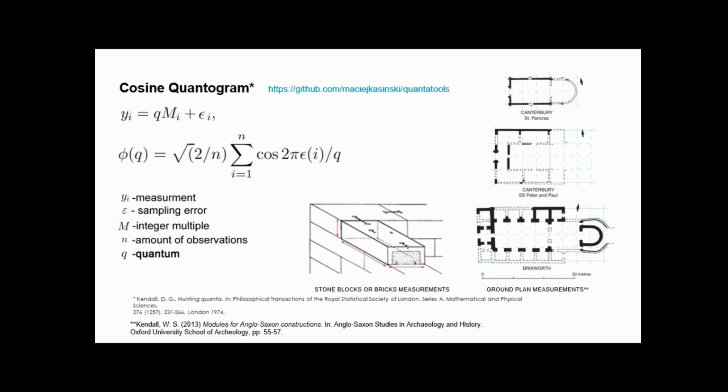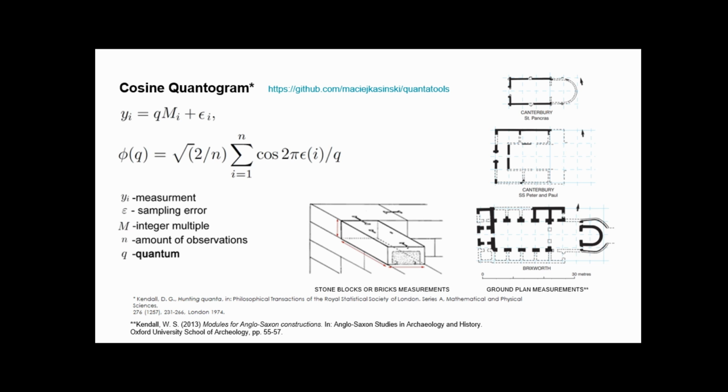We said that we try to use another approach: we don't assume what kind of foot unit was used, but we just want to check, based on a set of measurements, what the unit was. We use a cosine quantogram method, which was already used before. And here you have algorithms which were applied in R by my colleagues. If you want to check your data, you can find them at this address, or I can show you later because it's not very visible.